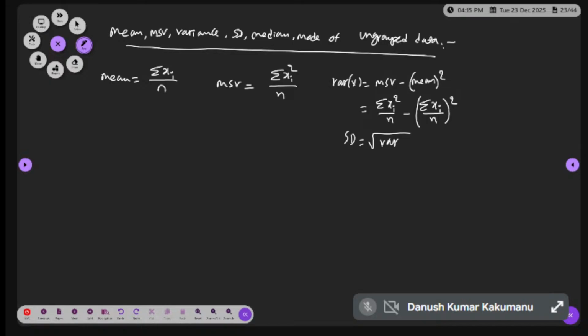What are the median and mode? What is the median definition? All of you know the median.